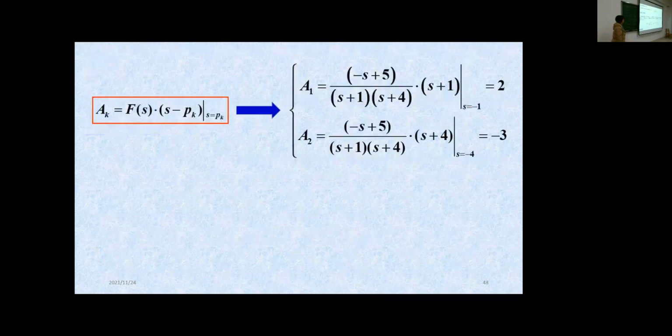Then, right? No matter which way you use, you should get the same answer.